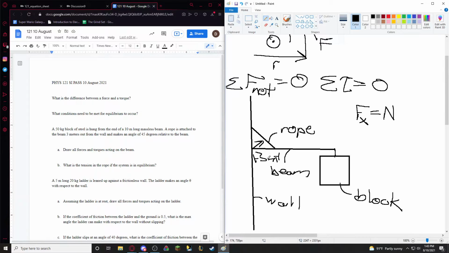Like this? Yeah. That would be the total force acting at that point, but it's going to be a combination of the normal force acting to the right, and there might be some sort of frictional force acting upward. Okay. So we'll add that in. So Fy is equal to some sort of frictional force acting between the beam and the wall.